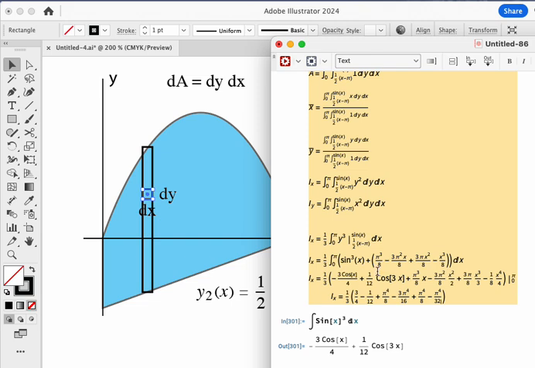So it's going to be all of that stuff. I'm going to put another set of parentheses here. Minus, if I stick in 0 for all of that: cosine of 0 is 1, so I'm going to get minus 3/4 inside my parentheses. Cosine of 0 is again 1, so that's going to be 1/12.